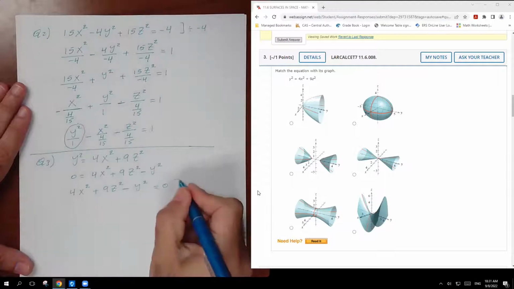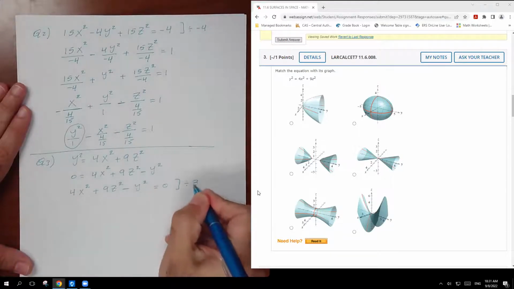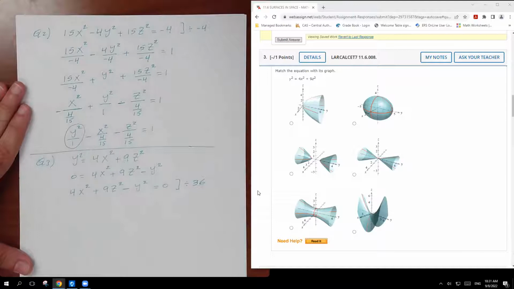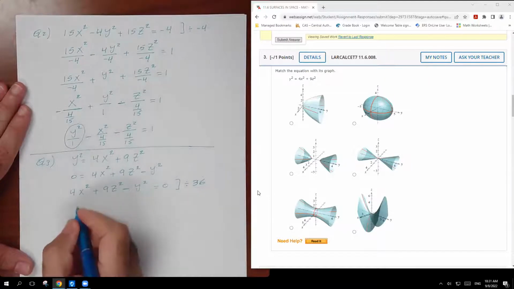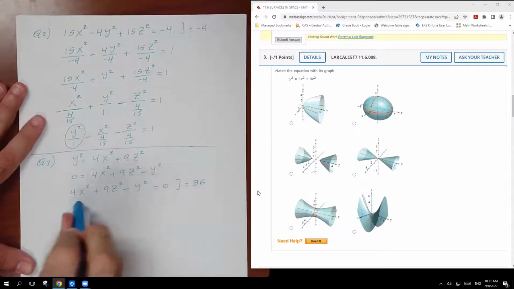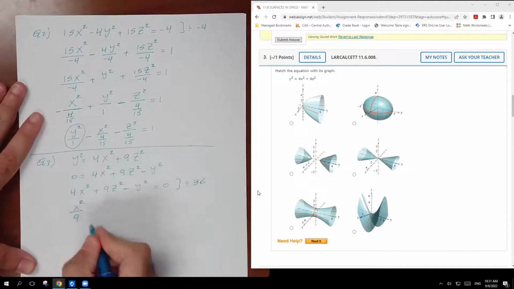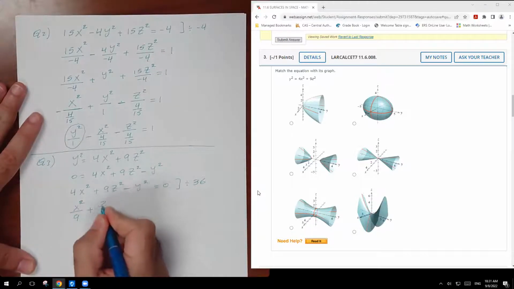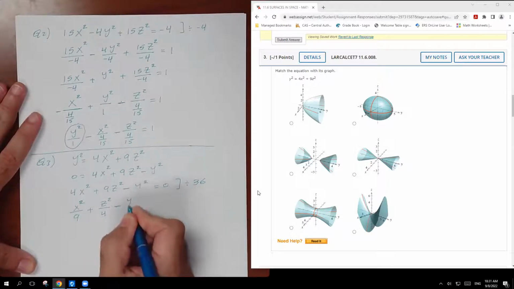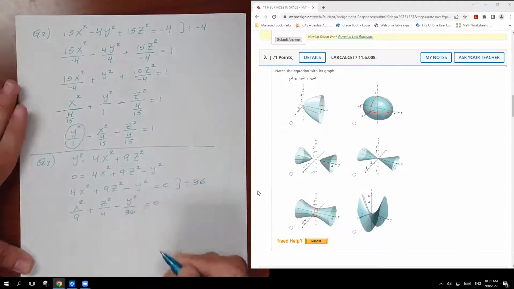So I'm going to divide everything by 36. I'm just going to do it right away. It's going to be x squared divided by 9 plus z squared divided by 4 minus y squared divided by 36 equals 0.